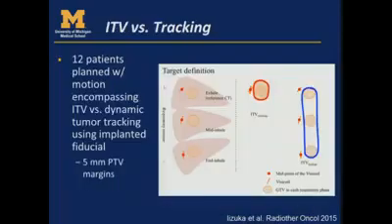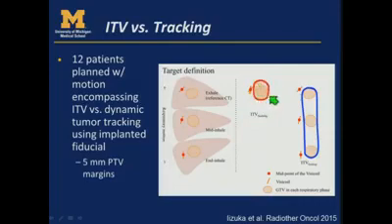Now, what about tracking? Tracking is a great way to reduce the amount of normal tissue that you're treating. You're tracking the tumor instead of comparing it to, say, an ITV technique where you're treating the whole extent of the tumor motion. This is an example of target definition with an ITV approach with tracking, where you may see slight changes in hysteresis.